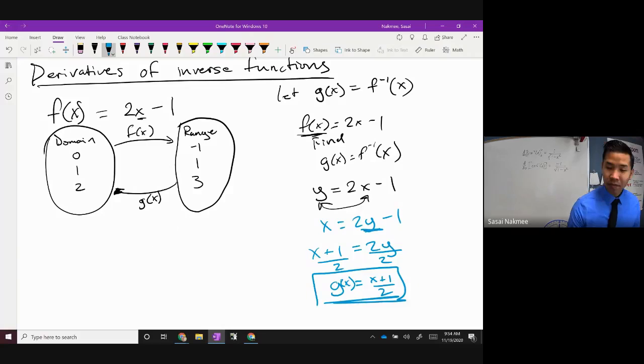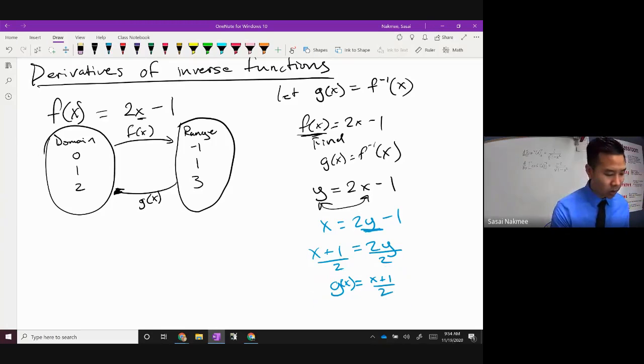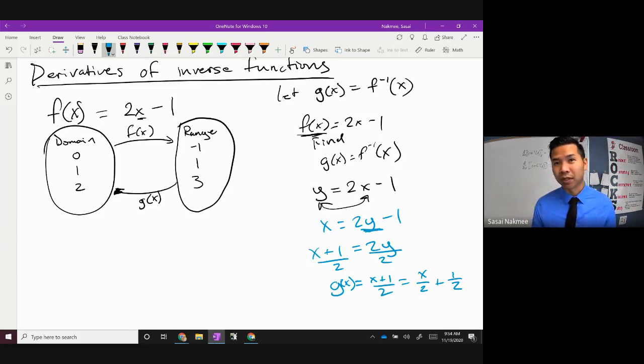So that x plus 1 divided by 2, or if you simplify that out, is x over 2 plus 1/2. That would be your inverse function. Does that make sense? Does that look familiar at all? Have you ever done something like this before where you switch the x's and the y's and you solve for it? That's how you find inverse functions, by the way.